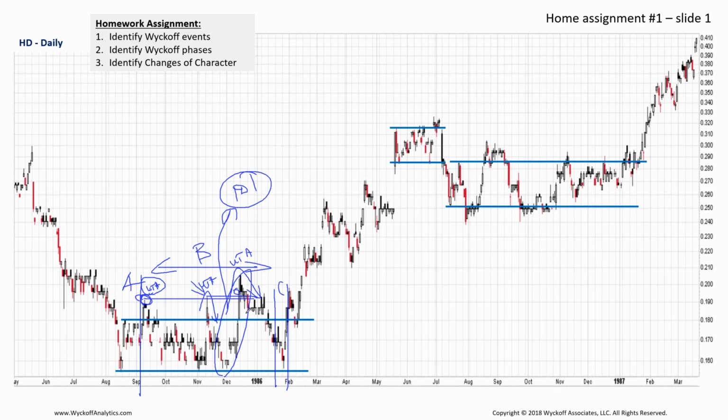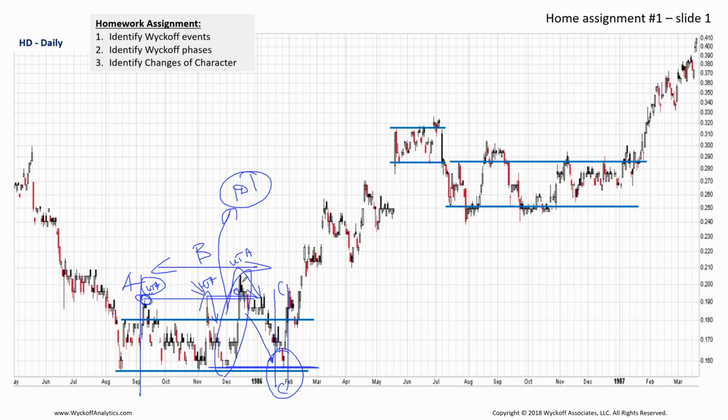Well, look at the next reaction that comes after that. It actually negates almost all of the gains that we've seen on this rally. And we've just identified the phase C low as the low of this reaction. So therefore, whatever we're observing, all of these moves to the upside are most likely a part of phase B. Now in phase B, we could have upthrusts, and some of them are going to be quite significant.